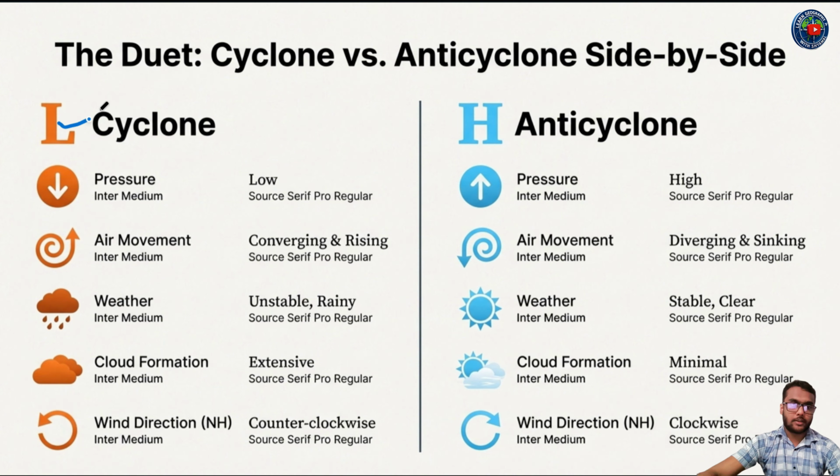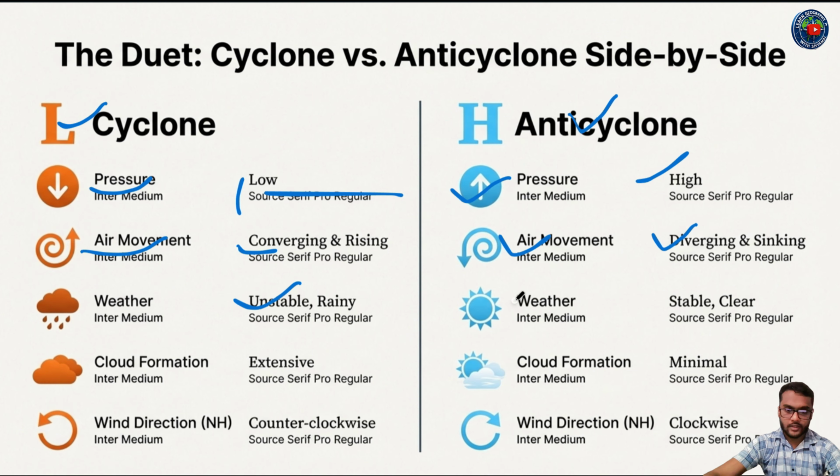This is a comparison between cyclone and anticyclone. In terms of pressure, a cyclone has low pressure, and an anticyclone has high pressure. Air movement in a cyclone is converging and rising, and in an anticyclone is diverging and sinking. Weather is unstable and rainy in a cyclone, and stable and clear in an anticyclone.